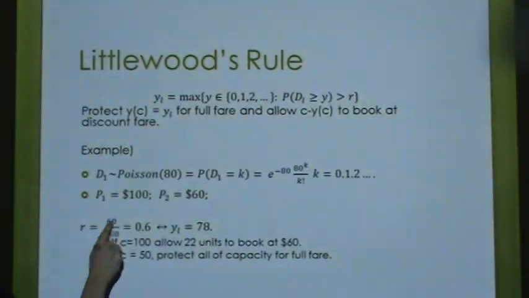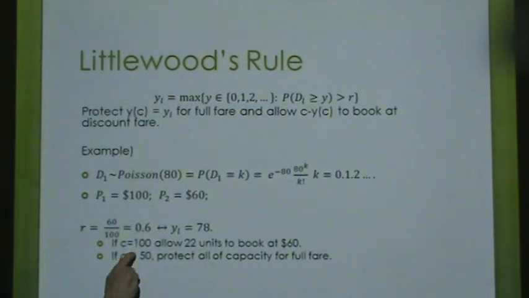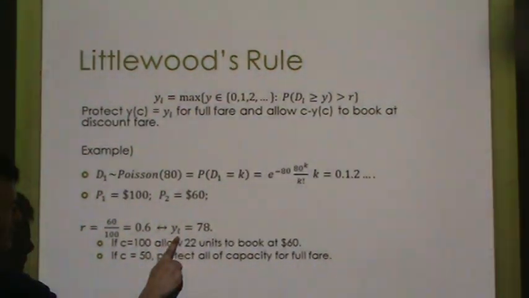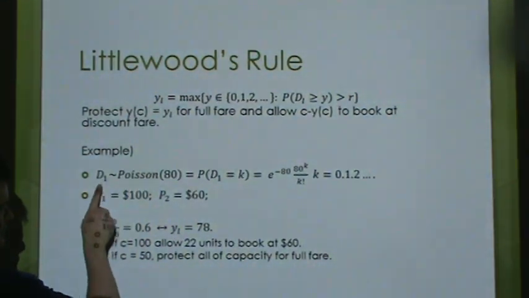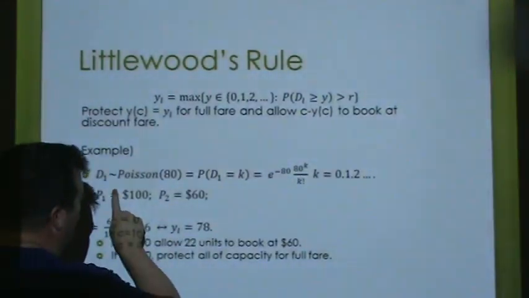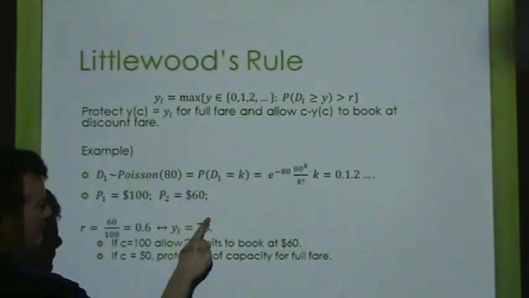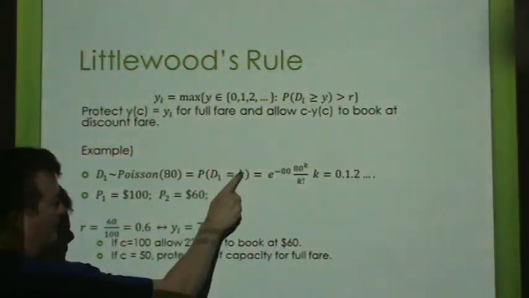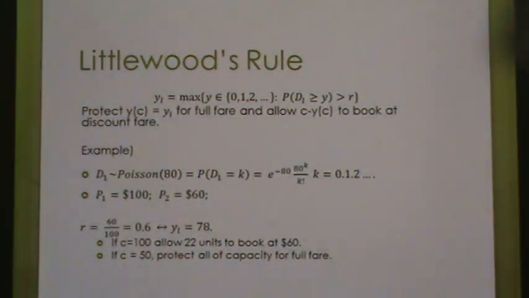Now in this example we had price 1 is 100, price 2 is 60. So our ratio is 60 divided by 100, which is 0.6. Then we ask ourselves, what value of y would demand 1 give us a value of 78?